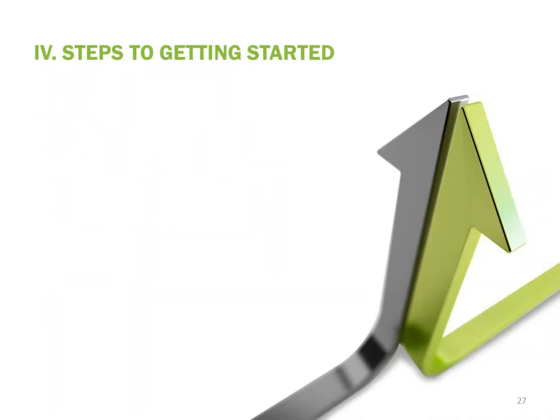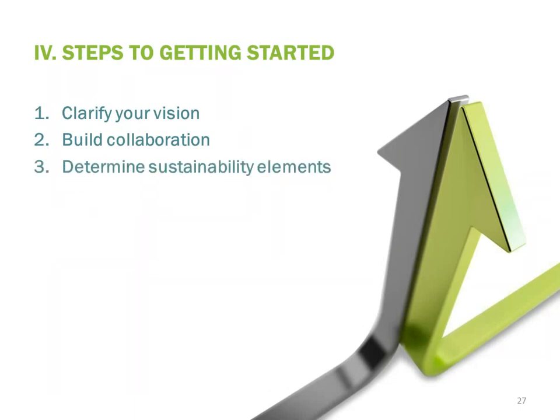Now, steps to getting started. First step, well, you want to clarify your vision. Where do you want the city to be with respect to sustainability down the road? Two, you want to build collaboration. This includes from elected officials to the planning department or the sustainability department to the community.